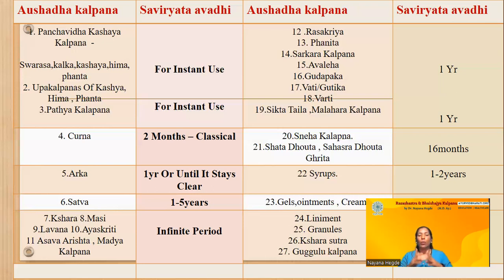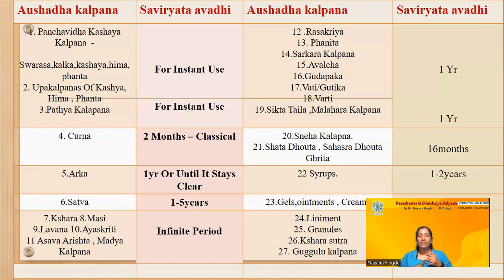Arka kalpana, 1 year or until the arka remains in clear form. If the arka distillate is very clear and does not have any turbidity, until then we can use it, or up to 1 year. Sattva kalpana, 1 to 5 years. If it is stored properly, then 1 to 5 years.